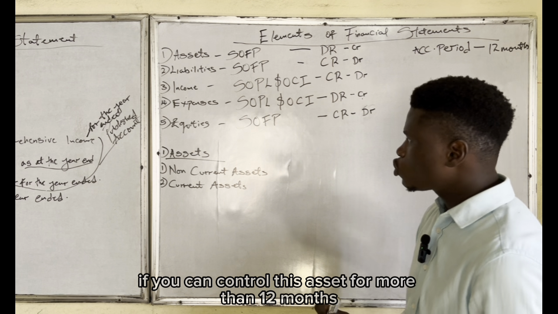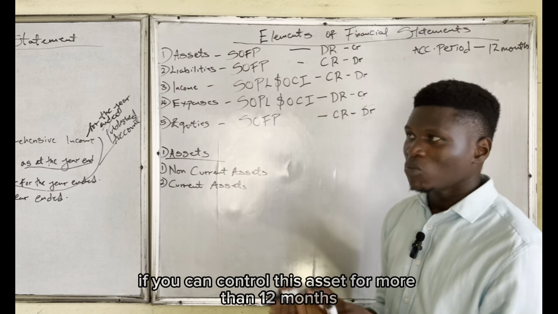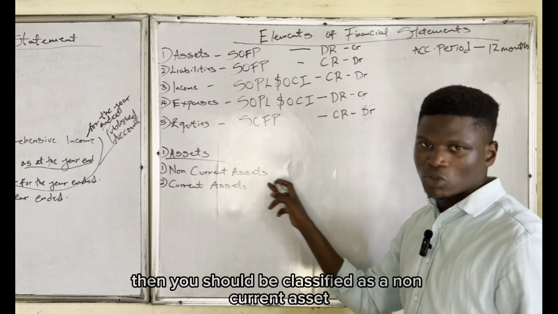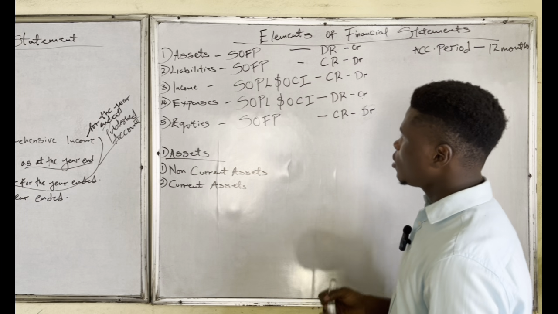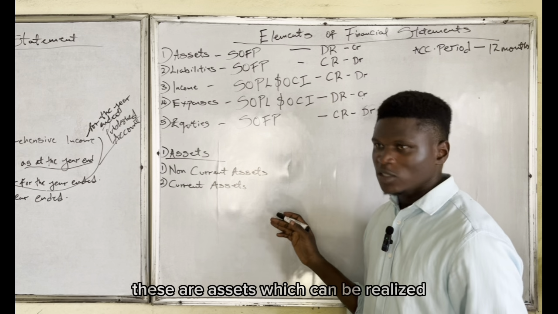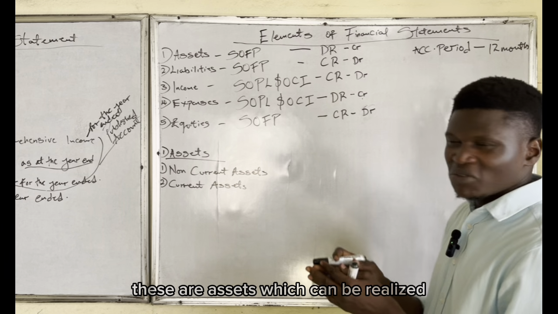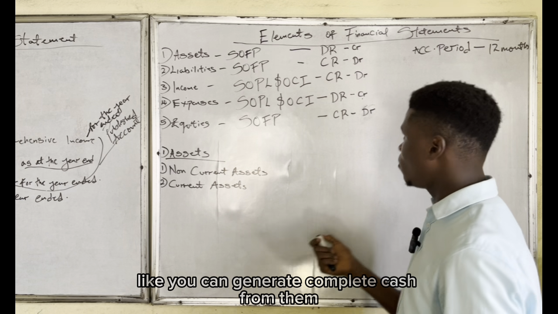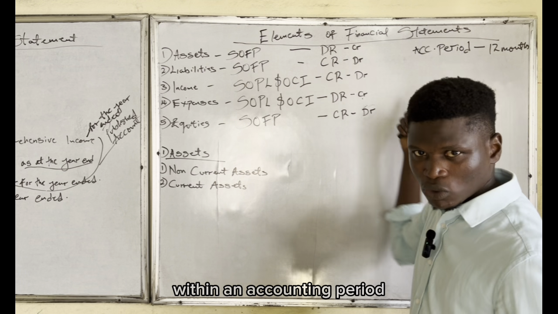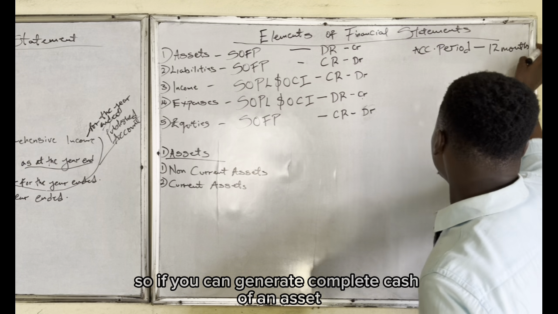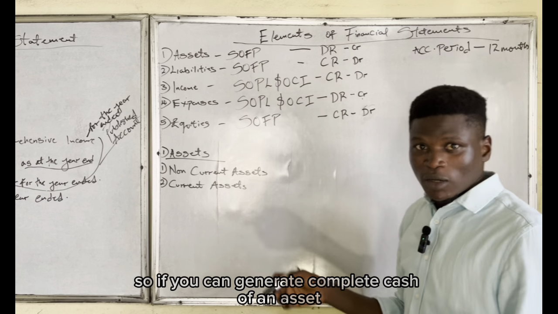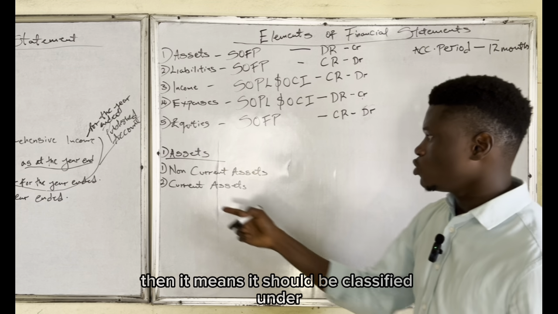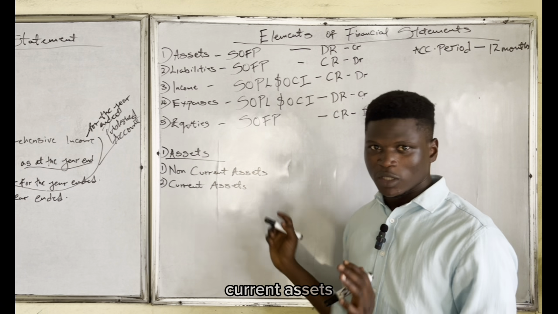So if you can control these assets for more than 12 months, then they should be classified as non-current assets. Current assets are assets which can be realized, meaning you can generate complete cash from them within an accounting period. So if you can generate complete cash from an item within 12 months, it should be classified under current assets.